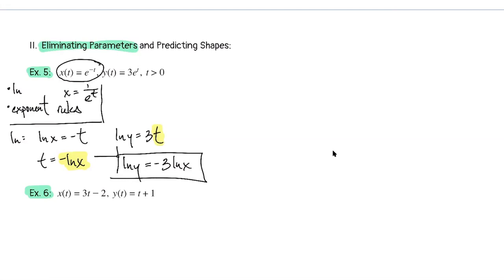Let's try the other way and see what happens. So I'm going to go back to this x equals e to the negative t. And instead of writing it like this, I forget who suggested it, but that idea of writing it as 1 over e to the t, because that's our definition of the negative exponent.